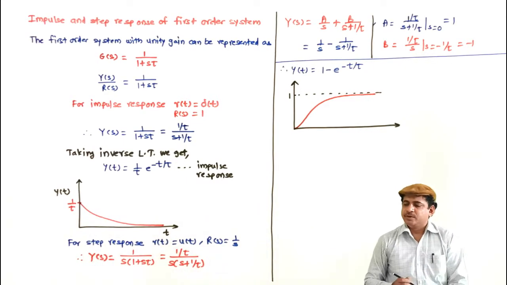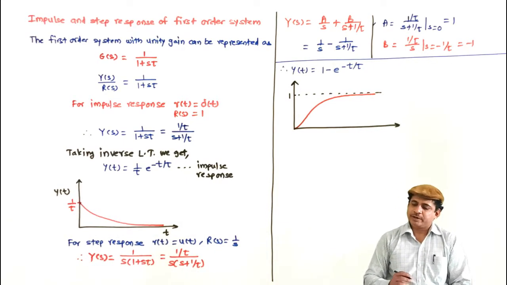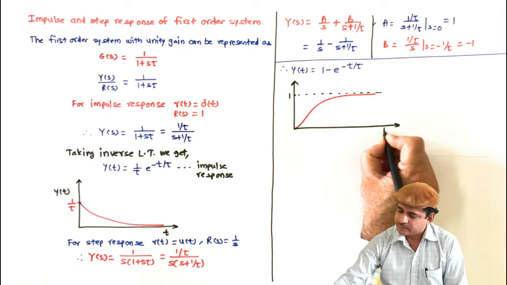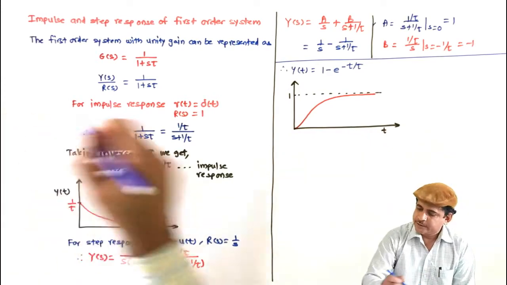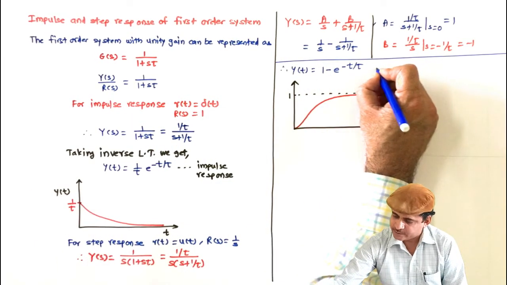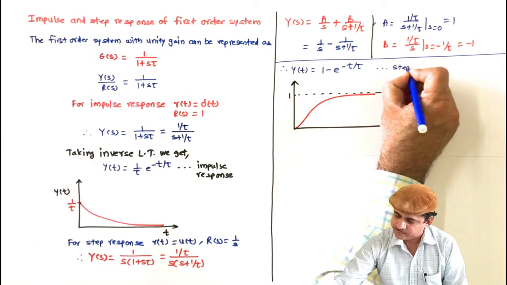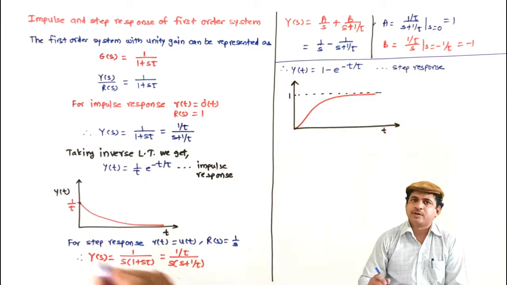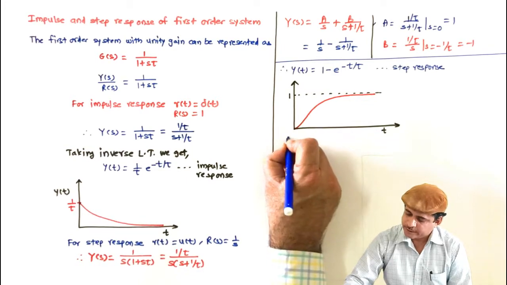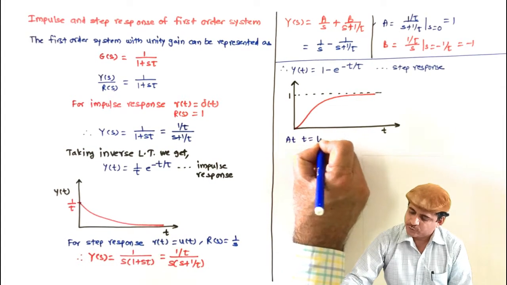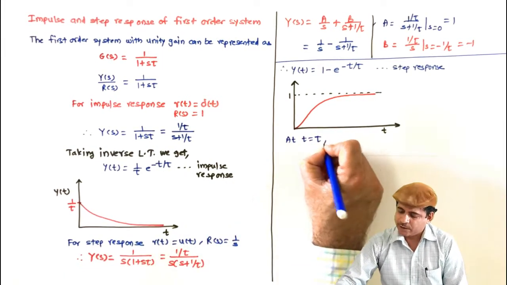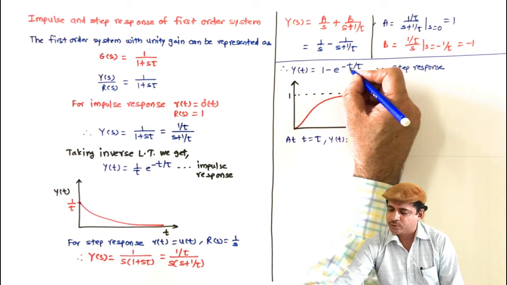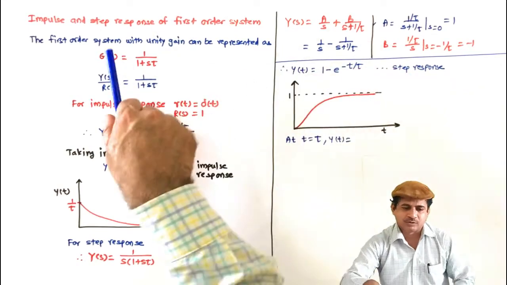Now let us come to the point, what is time constant tau? In this expression, which is step response, if I put t equal to tau, y of t is equal to 1 minus e raised to minus 1.